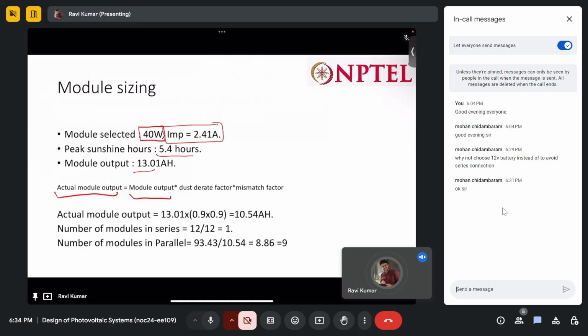If you just multiply the ampere by this 5.4, you get the module output in ampere hour. We are doing each and every calculation in ampere hour. So here also we have calculated the ampere hour for this module and for this 5.4 hours of sunshine, and it is coming to 13.01 ampere hour.